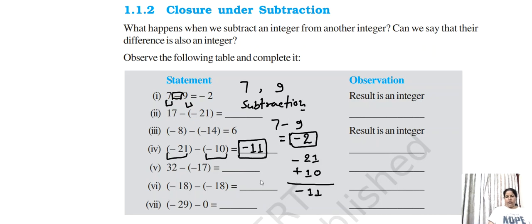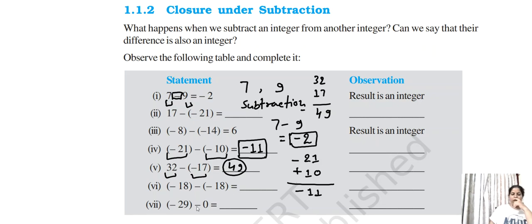Okay, the same thing here, like one is positive 32, another one is minus 17, and we are going for subtraction, and it will be like 32 minus minus, plus, so this will be plus 17. We are getting 49 here, and again this is an integer.